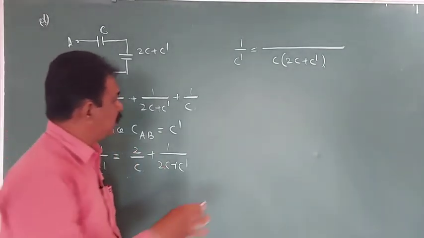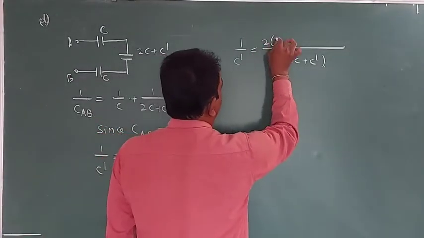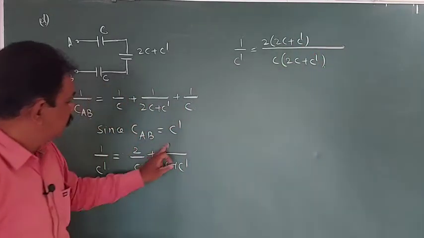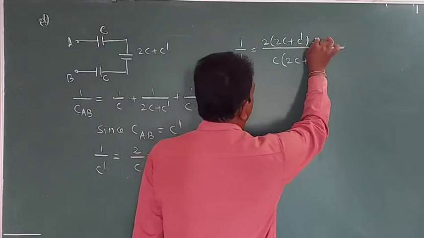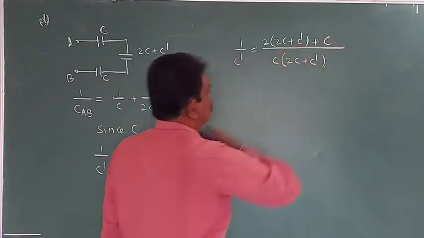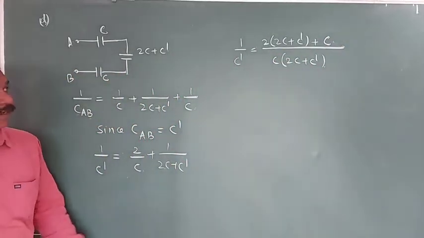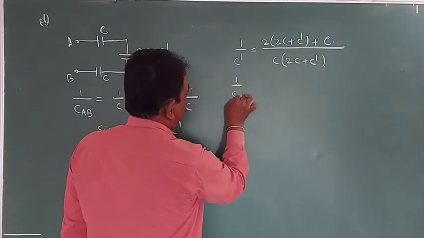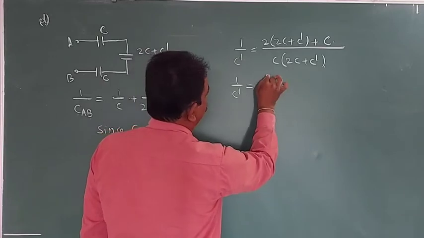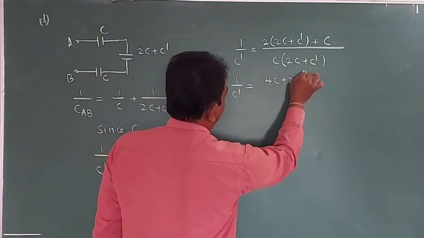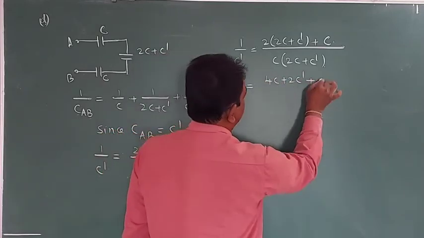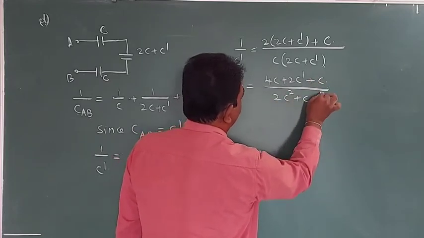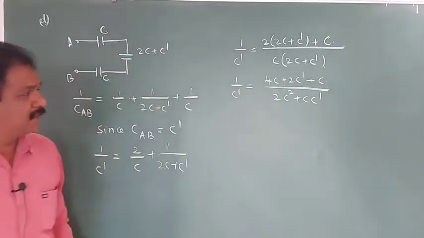Here how much it will come? 2 into 2C plus C dash. This C will come to this side, so this will be C. Clear? Write one more step. 1 by C dash is equal to 4C plus 2C dash plus C by C into 2C plus C dash.